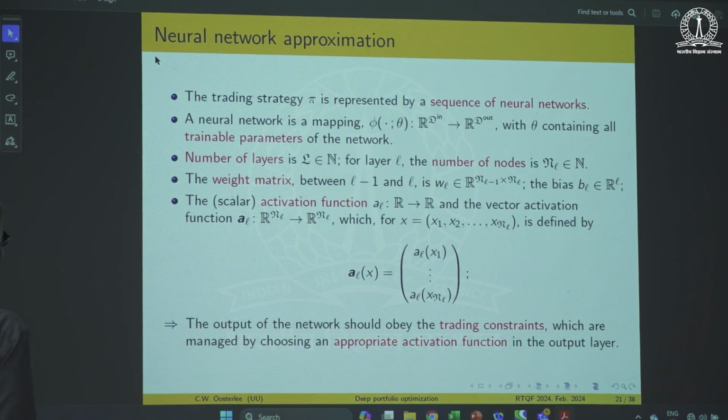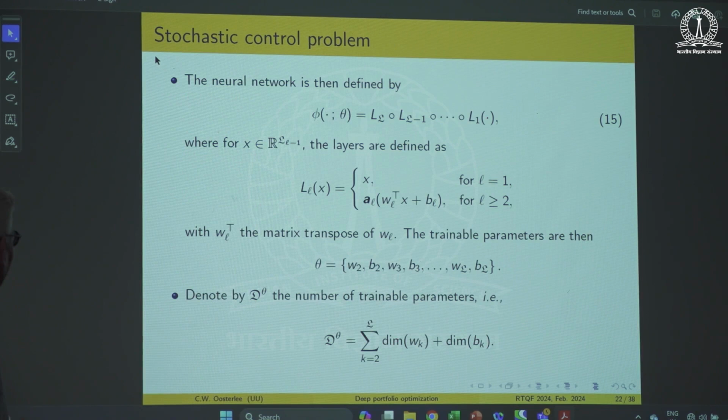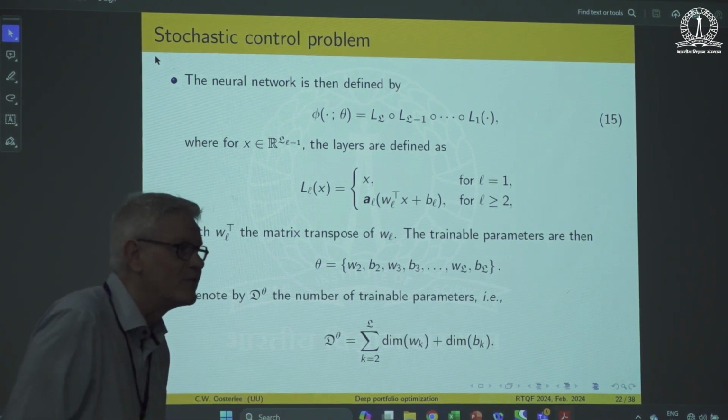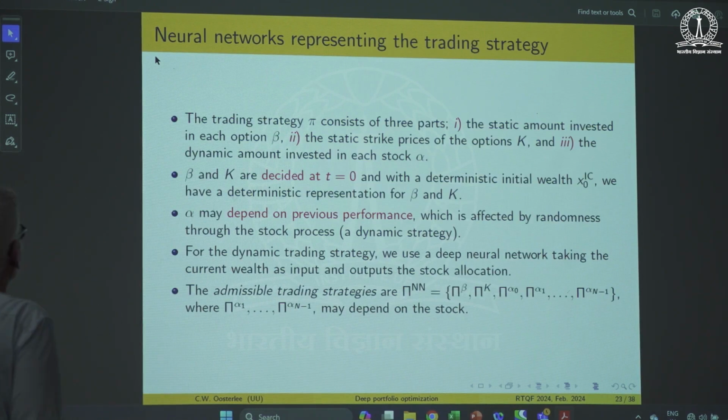Then we have a sequence of neural networks, trainable parameters, a number of layers, the activation function, and the output of the network should obey the trading constraints, and they are managed by choosing an appropriate activation function in the output layer. I will hurry up a bit because I see the time. The layers, the weights and biases that we optimize, that is by means of a neural network. I refer to our paper for that.